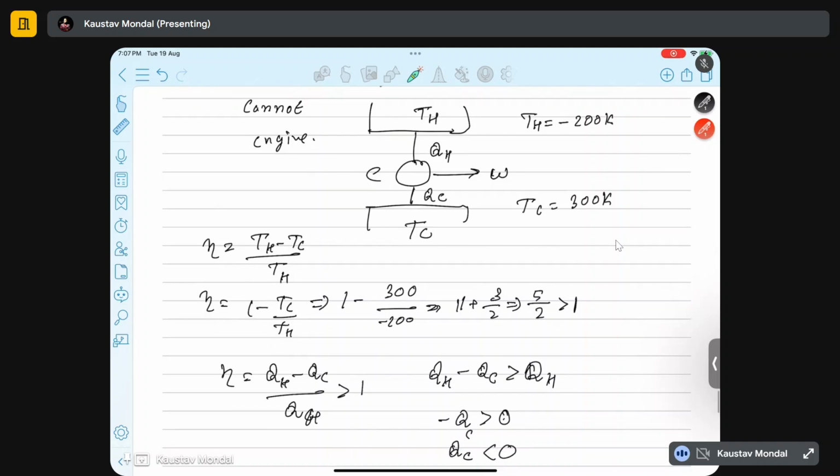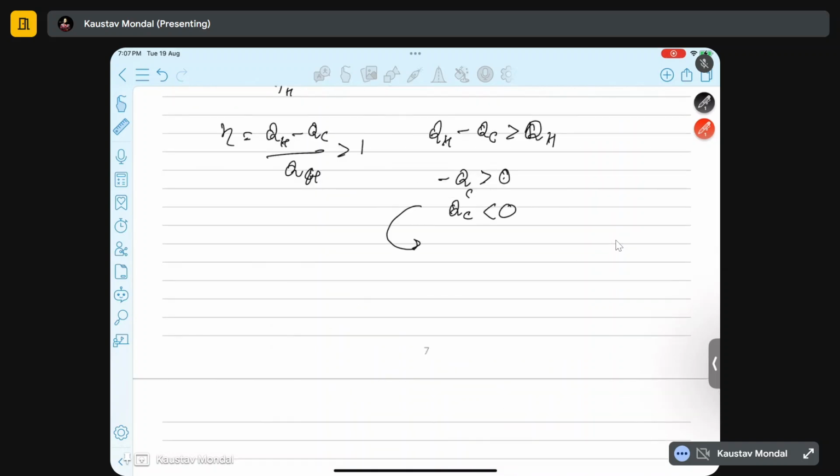So this basically means heat in from hot and heat out to cold. Okay. So you're basically cooling both reservoirs.